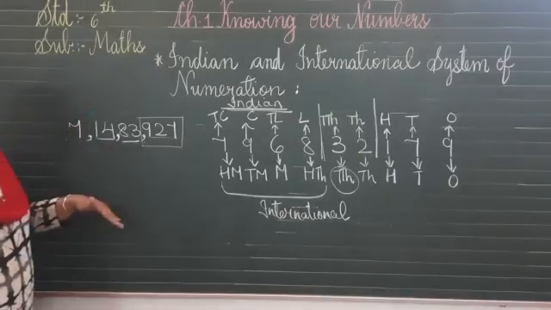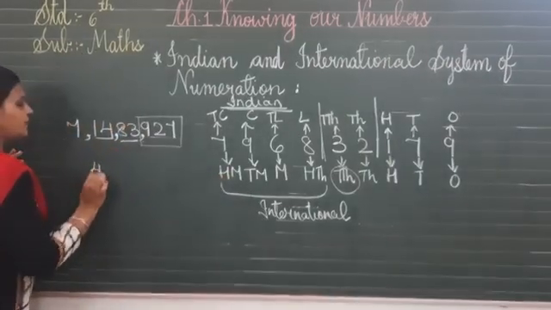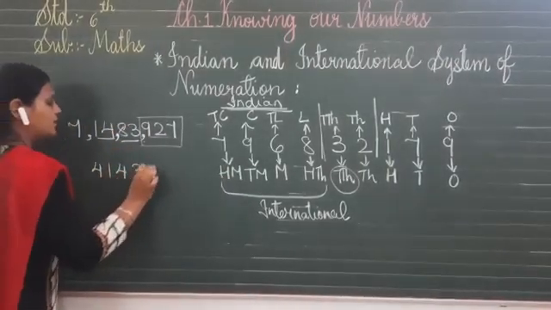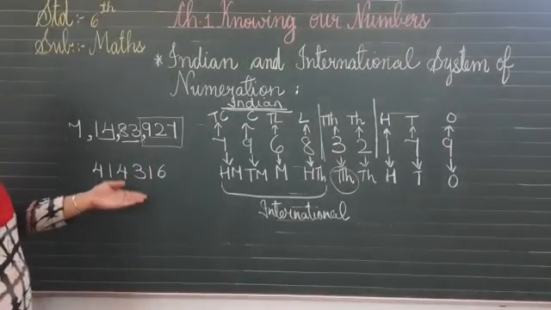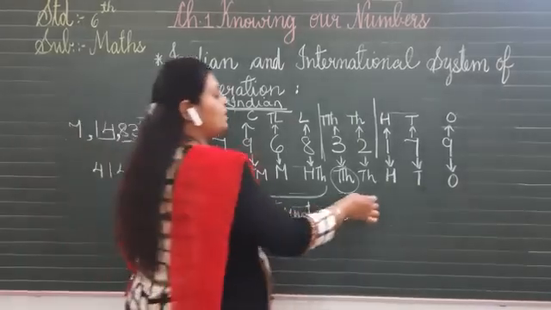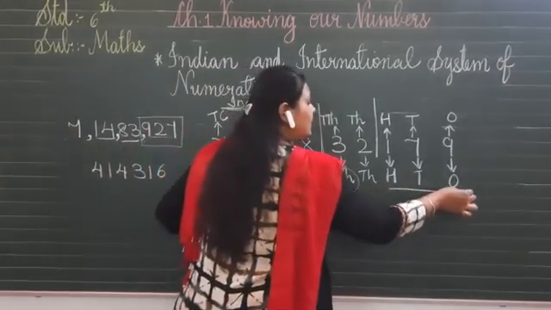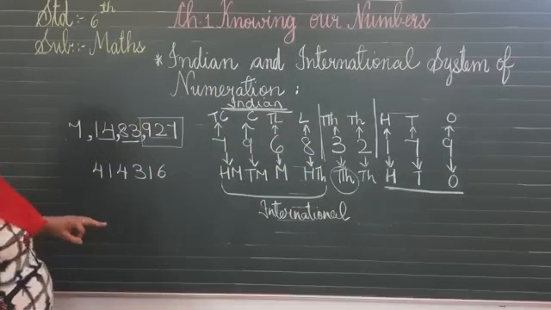Okay? Same for the international number system. Suppose we are given a 9-digit number. The international system has 3 periods. The first period is of hundreds, tens and ones.